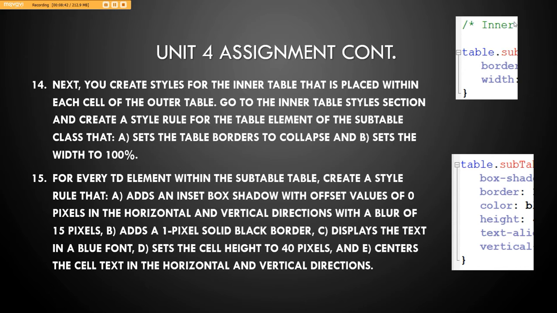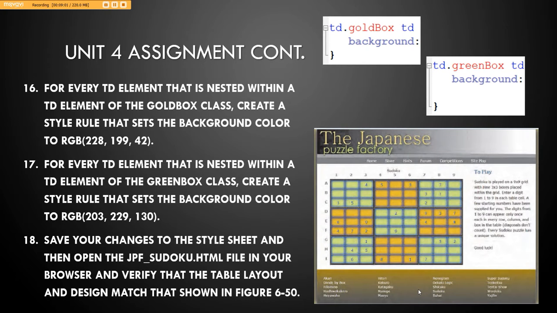And then you have the inner styles, which is the table. So it's the inner table. Remember, we created a nested table. And then we have a subtable. And those are the things that you want to do for that. And then we had TD and TD. So that's where I messed up on the TH.